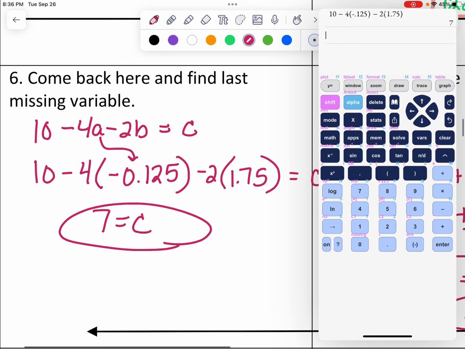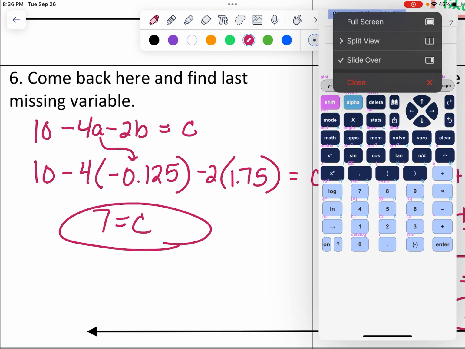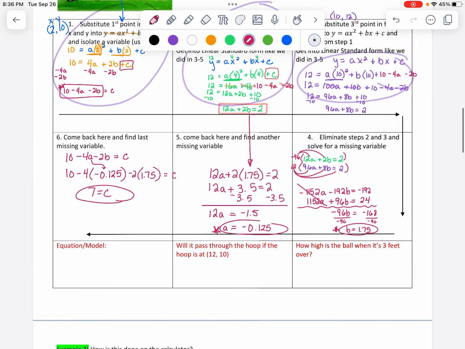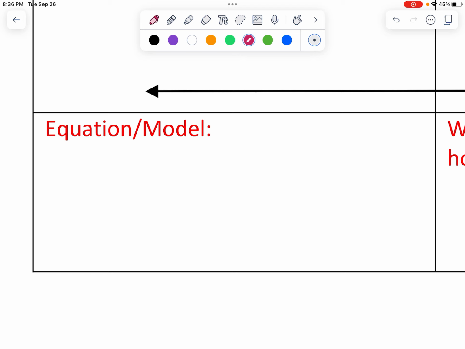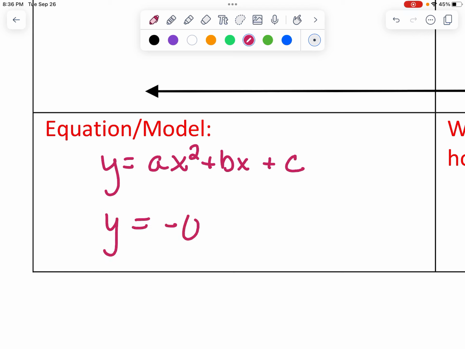All right, so our steps were very similar to everything in Chapter 3, Section 5, okay? We get our 3 unknowns, and now it's time to actually write the model. Well, remember, this is standard form. Now we fill in A. Pretty certain that was what A was.